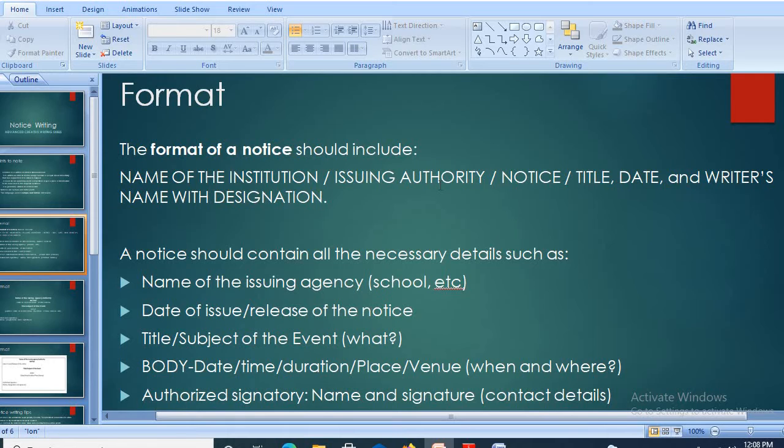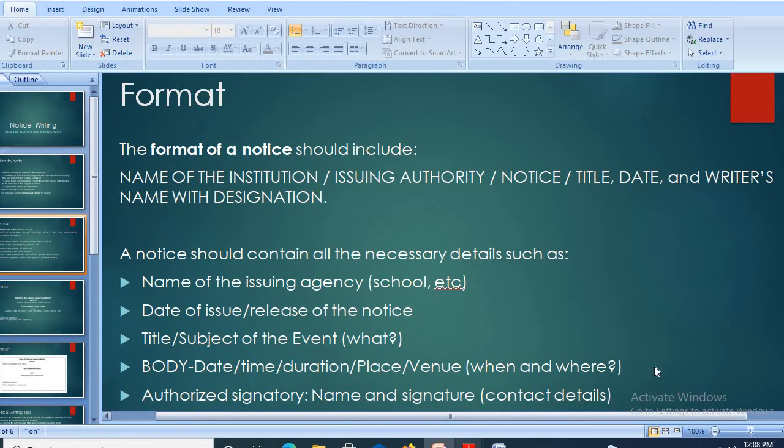Suppose you are the sports secretary, suppose you are the school captain, or you are the head girl of your school. So obviously your name, your designation is very important, and the name of the institution or issuing authority also has to be mentioned. The word notice has to be mentioned properly. Title, date, these things also are to be mentioned.